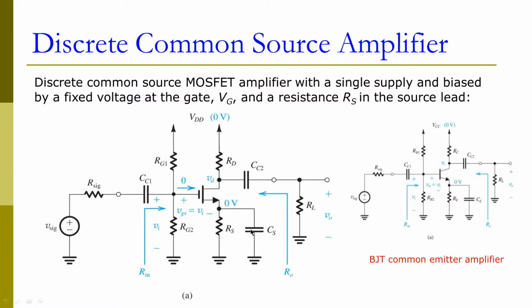Compared to the BJT common emitter amplifier, you can see this configuration is pretty much the same. There's almost no difference. The only difference is that here we don't have any gate current, but in the BJT common emitter amplifier, we have a very small base current into the base of the transistor.